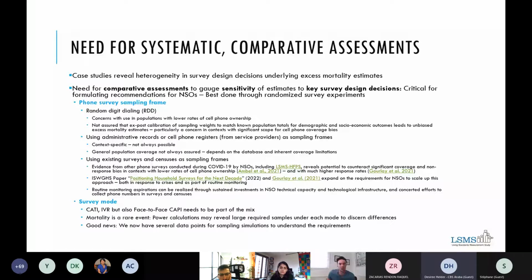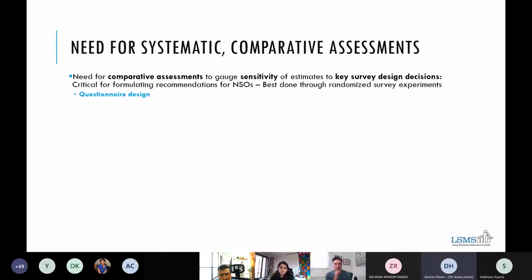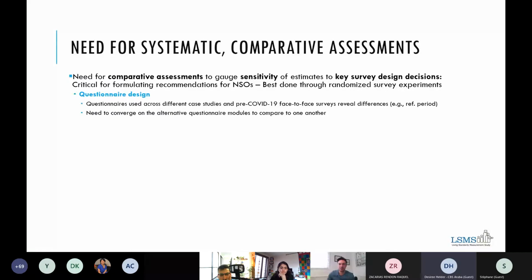There are two other survey design features that I think we should keep in mind when we're commissioning these kinds of comparative assessments looking forward. One is the questionnaire design. You may have picked up on these details, but the questionnaires used in the different case studies presented today, as well as in the pre-COVID-19 household surveys, reveal differences.